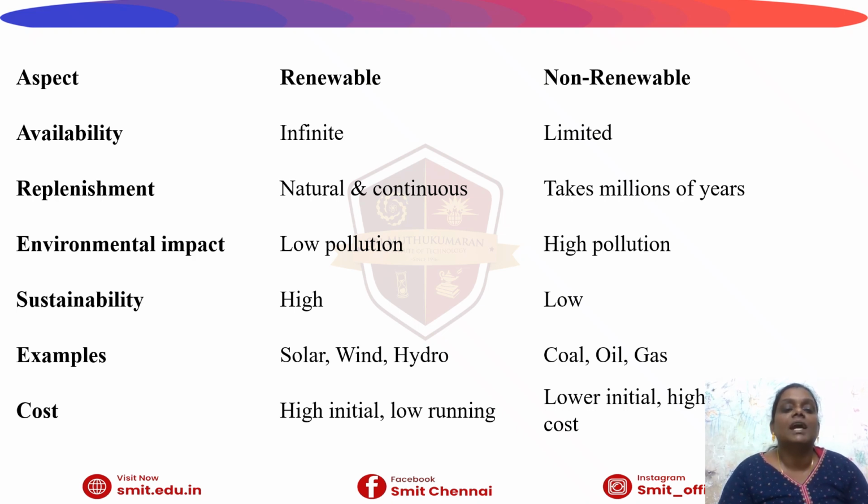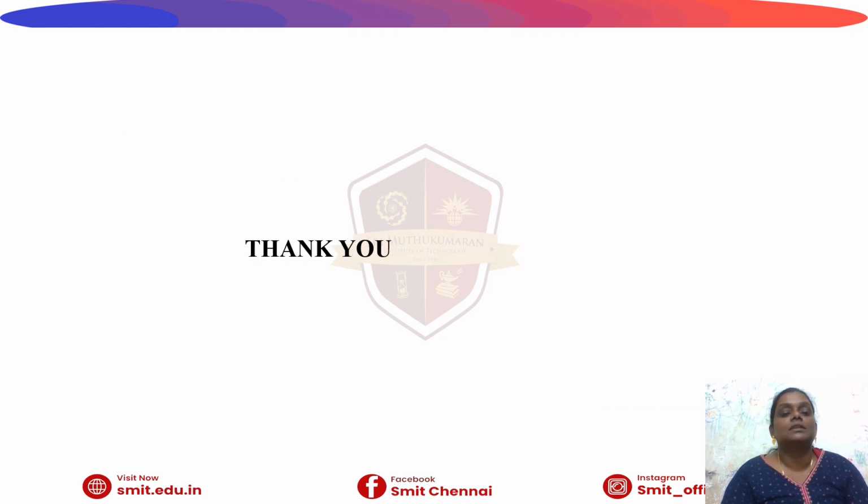Sustainability is very high in renewable energy and low in non-renewable energy. Examples are solar, wind, and hydro in renewable energy, and coal, oil, gas in non-renewable energy. The cost is high initial and low running in renewable energy, and in non-renewable energy it is lower initial cost and high running cost. Thank you.